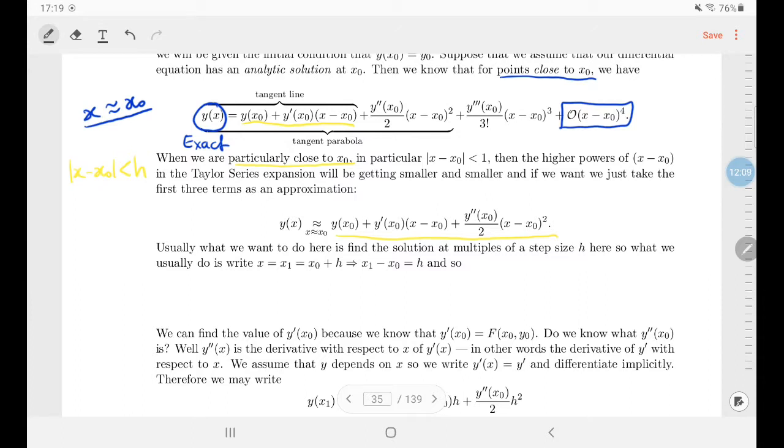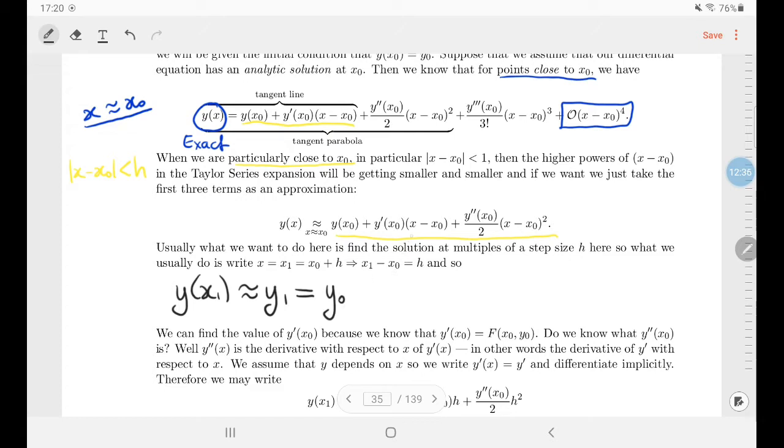So if I'm looking at x1, the exact solution y of x1 is approximately what we call y1. The y1 is these three terms in the yellow, which is equal to y of x0, which is y0, the starting value of y.